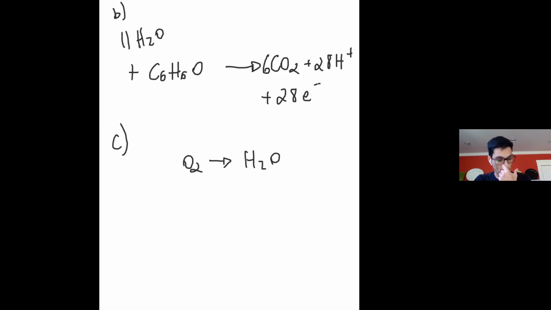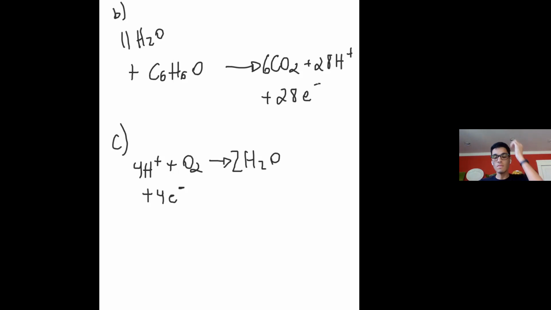So we need now to balance this equation. We have two O's on one side, so we should put 2 here. We have 4 hydrogens on the right side, so we should put 4 hydrogens here. We have no charges on the right side, meaning that the overall charge on the left side needs to be equal to 0, so plus 4 electrons.